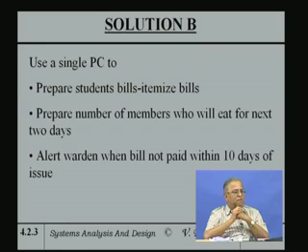Prepare number of members who will eat for the next 2 days. That is based on the information which is to be provided by a student about whether he is going to use the mess or not, whether he is going to bring guests or not. So these things you expect the student to give a certain amount of notice.